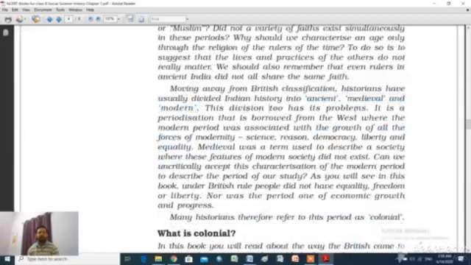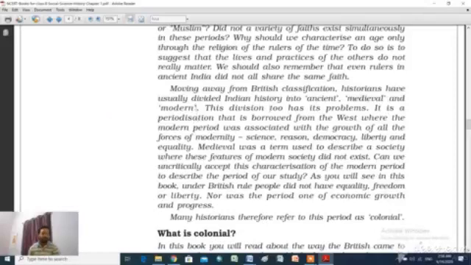This division was also borrowed from Western culture, where there was a particular growth of time. But in Indian society, you can't define which period should be ancient, which medieval, and which modern.